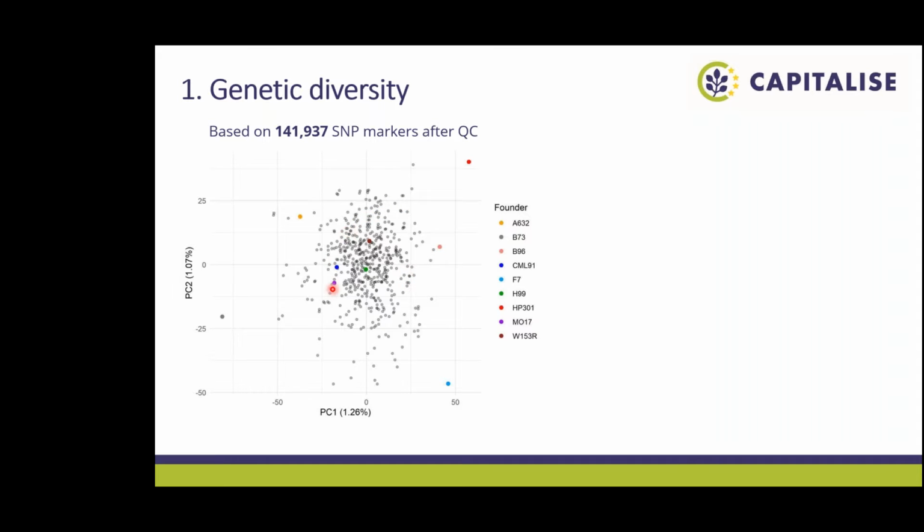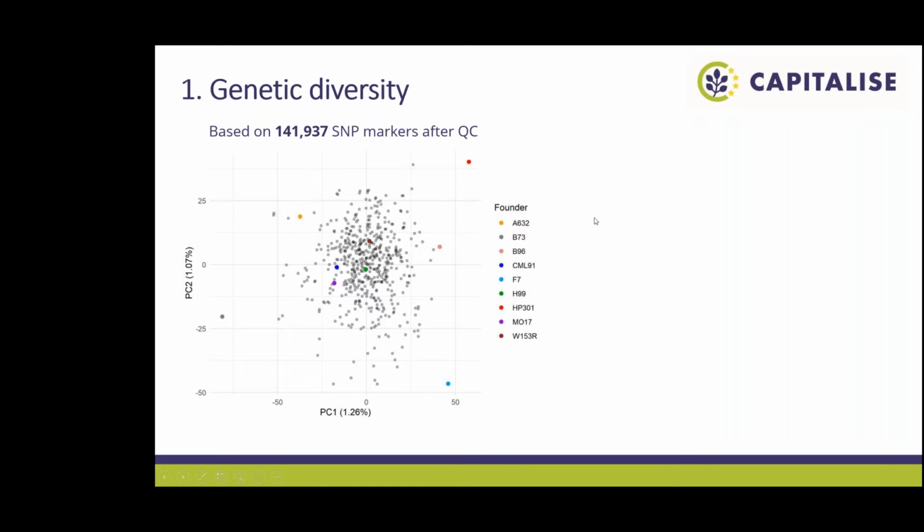It means that in this population, apparently there is no genetic structure, right? And just by looking at the first 2 PCs, we see that we can distinguish the founder lines very well. And this is a PCA based on over 140,000 SNP markers that were generated with SPET.